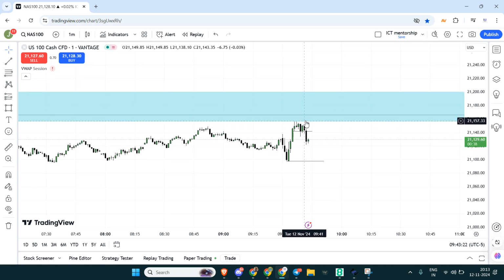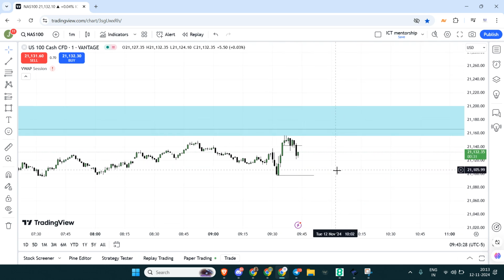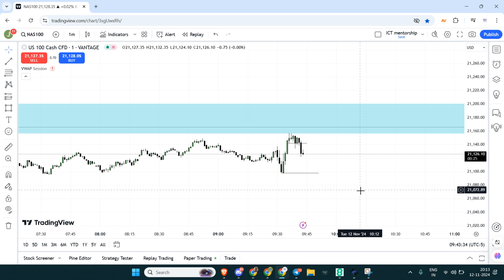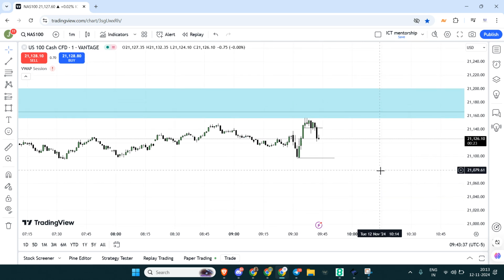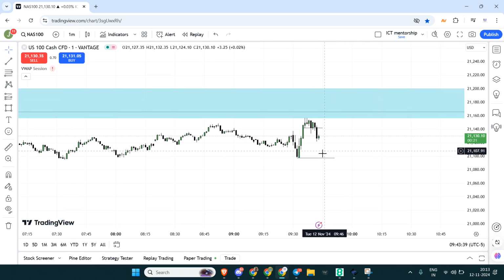Maybe price will go down aggressively from this level itself, but I believe price will go up and sweep these levels. We'll be looking for short trades if price is breaking these levels like 21,098 or 21,000.